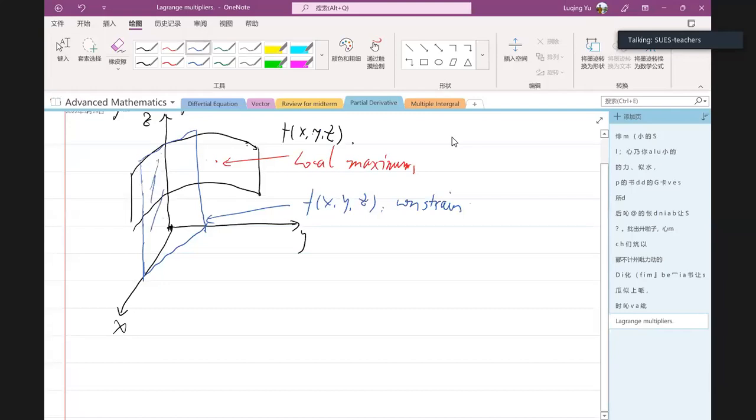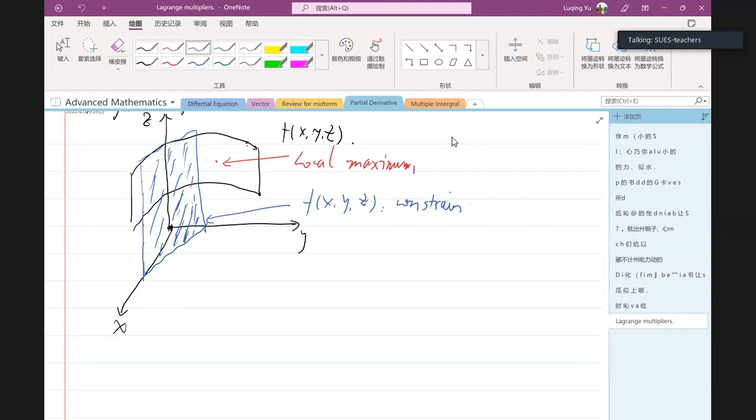Everything here, we are only within this blue part. The blue part is what we can get. So we have to find the local maximum or the local minimum within that constraint.